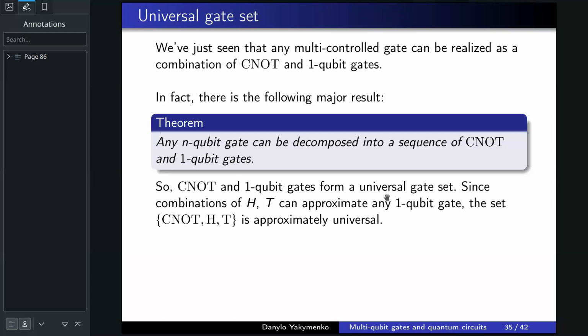And also, I don't recall if Andrei mentioned it, but we can use the gates H and T to approximate any 1 qubit gate by taking combinations of them. And thus, it follows that the set of these 3 gates, CNOT, H, and T, is approximately universal. We can approximate with combinations of them any unitary gate on n qubits.